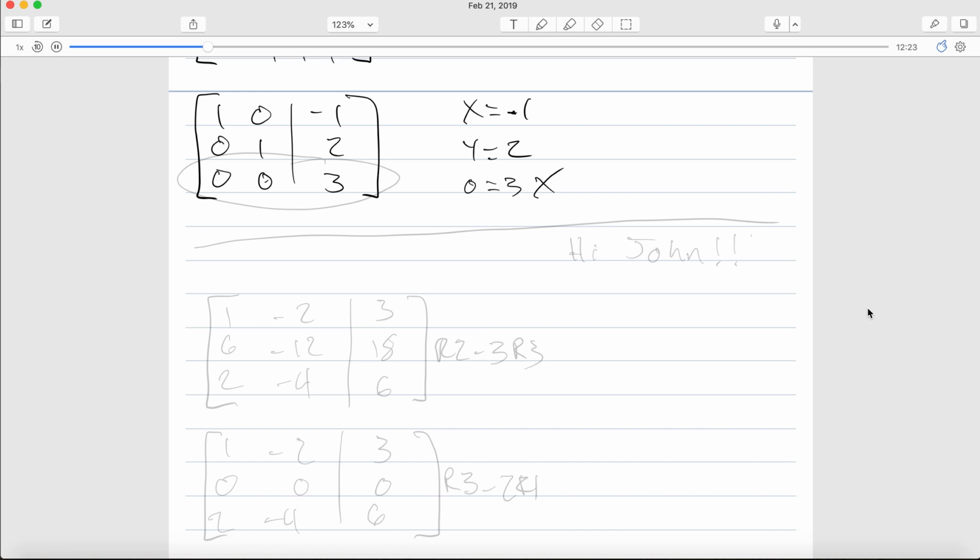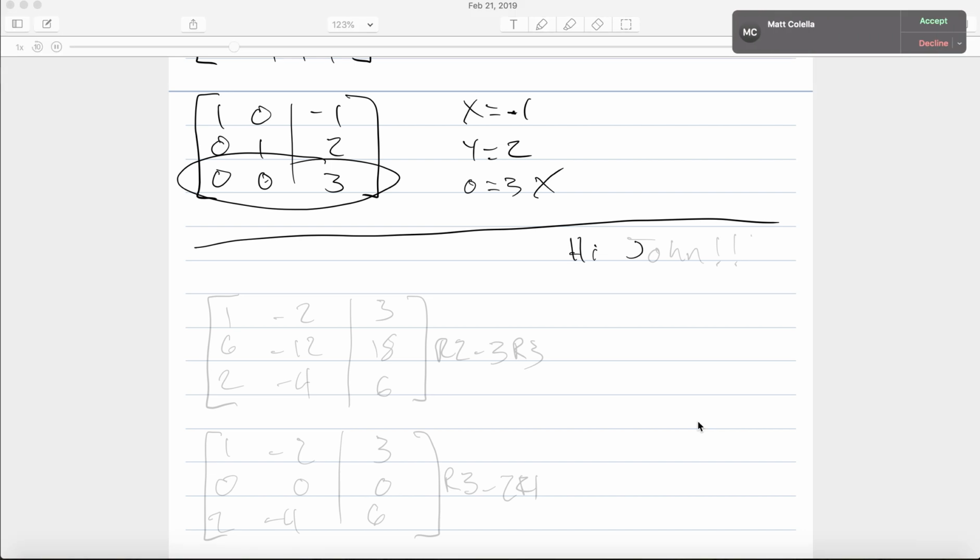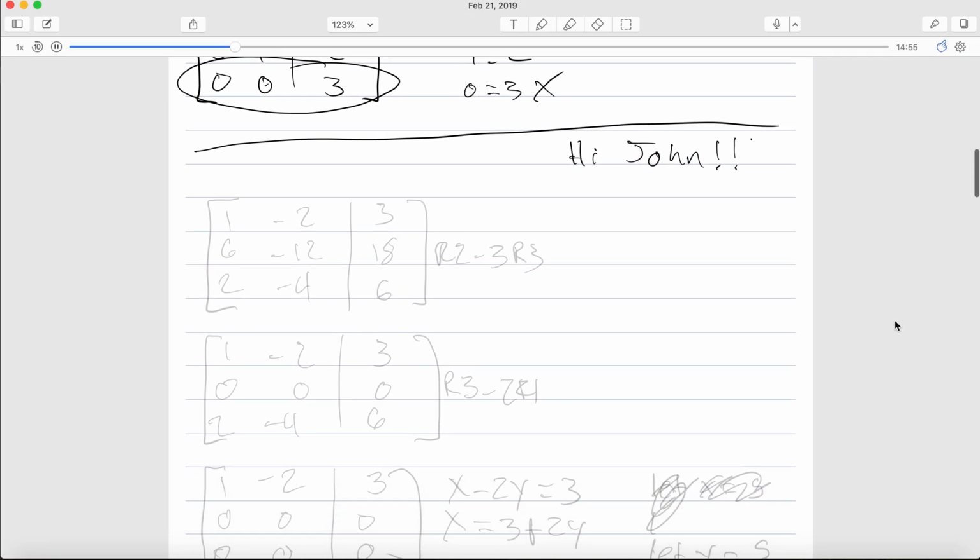No, it doesn't work at all. Negative 1. 2 times negative 1, negative 2 plus 2. Alright.